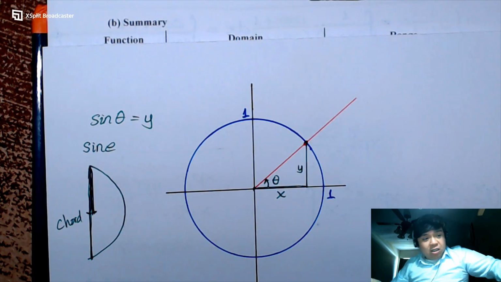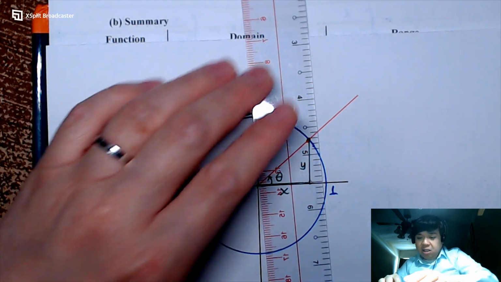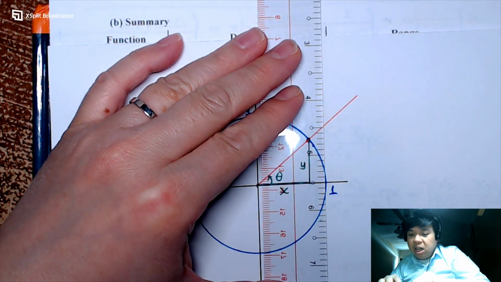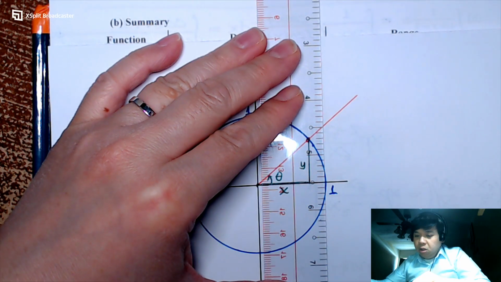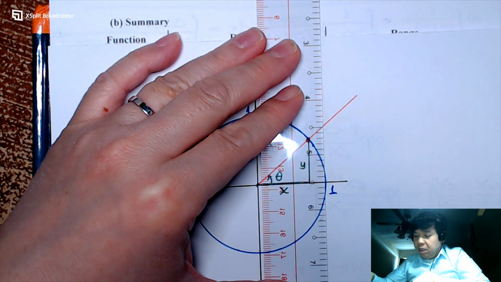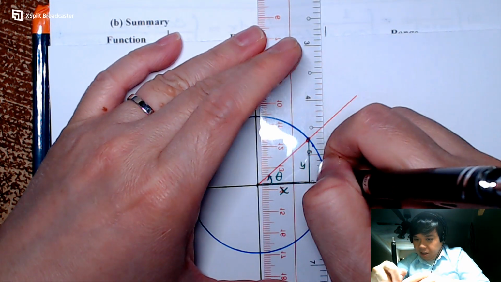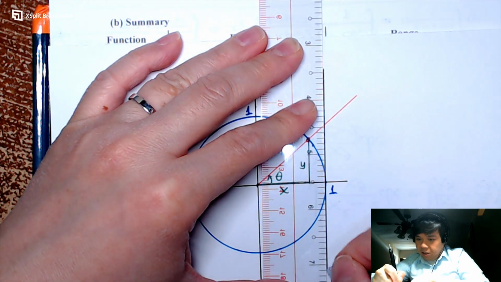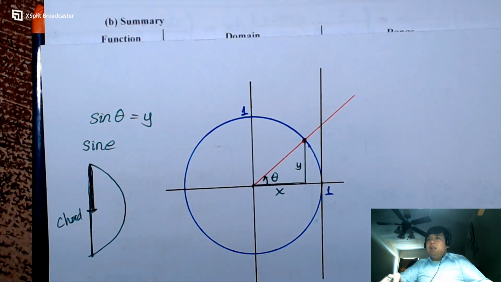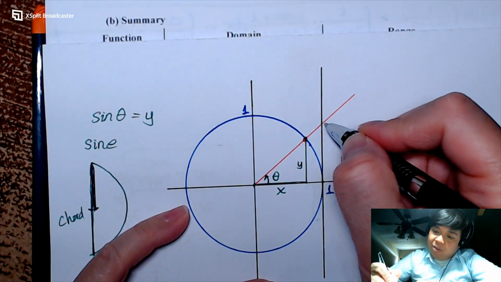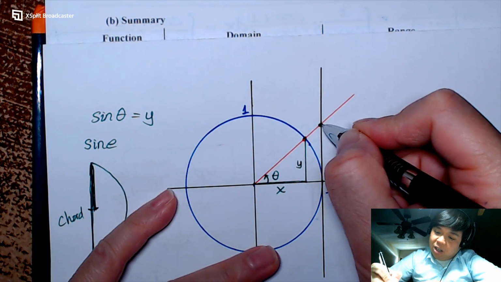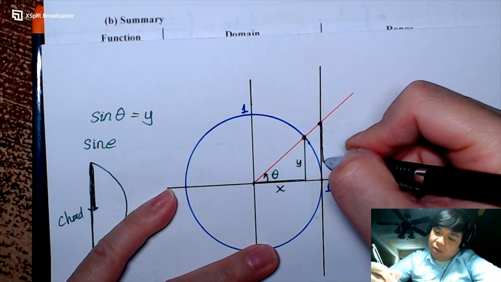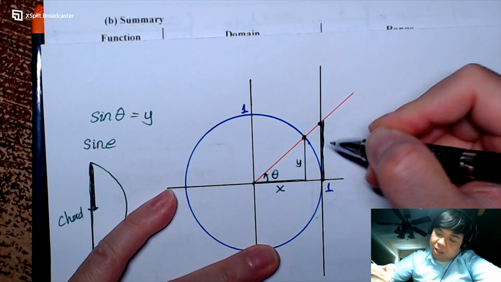And after that, there's the tangent. Tangent, of course, is the line tangent to the unit circle. So the tangent line will be this line. And this value from the tangent line to the unit circle, this value is tangent.